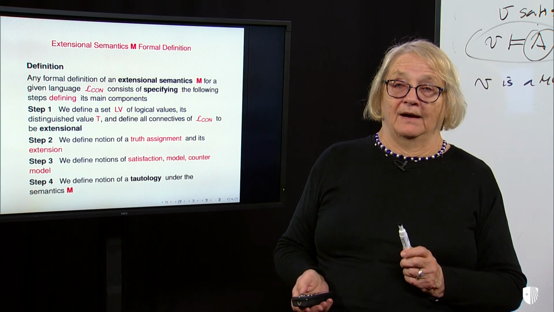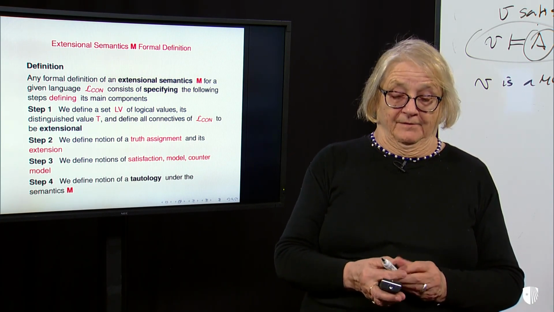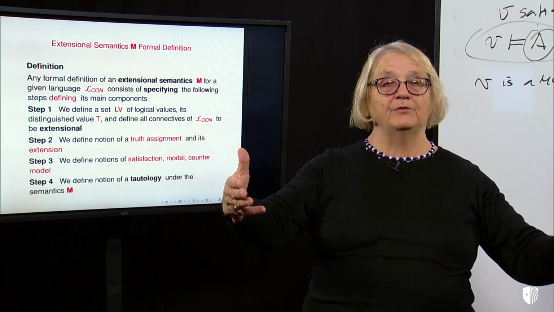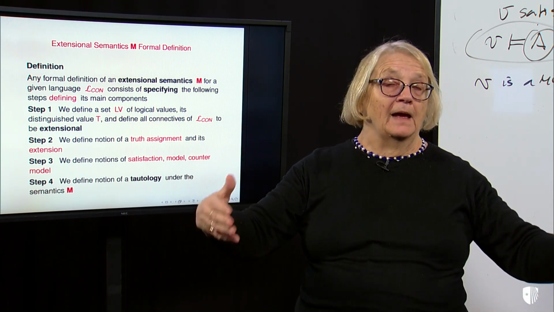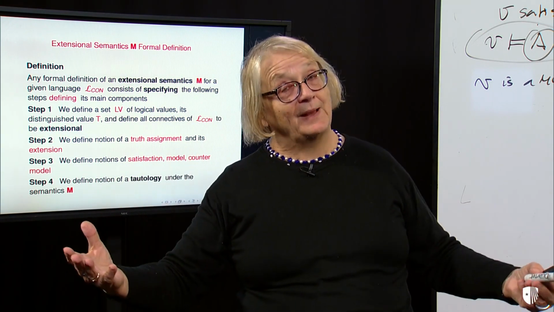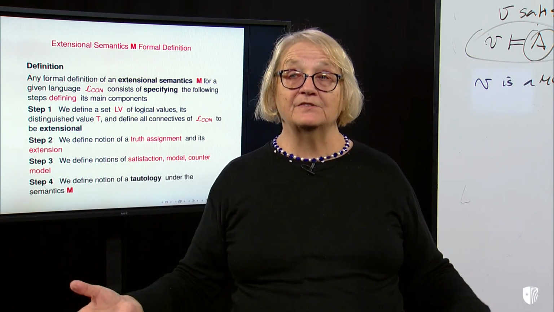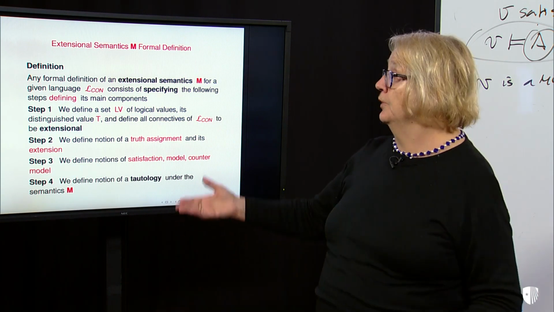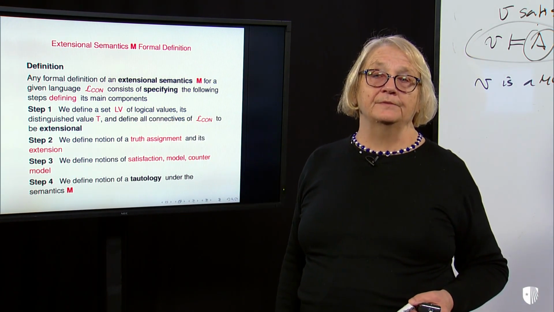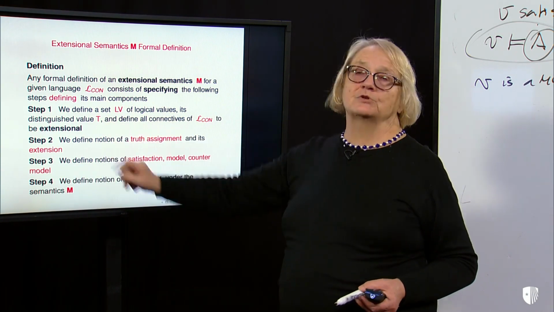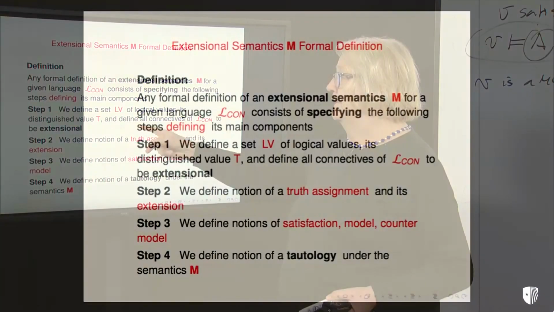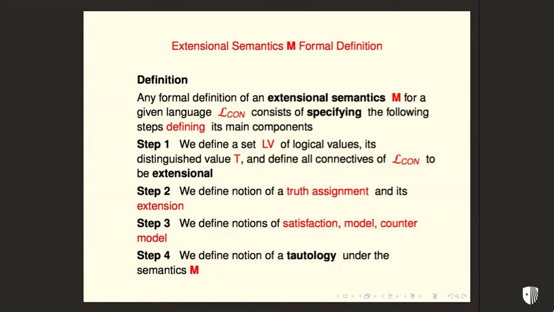So now the 4 steps. Definition. If I give you a language and ask you to define an extensional semantics for this language, you have steps. Define the set of logical values, and you must distinguish the value T. We define all connectives to be extensional.